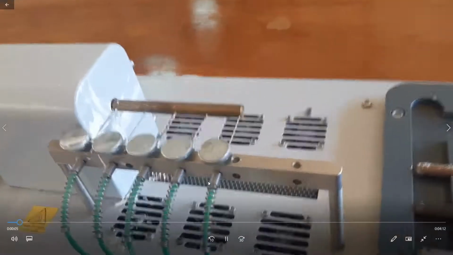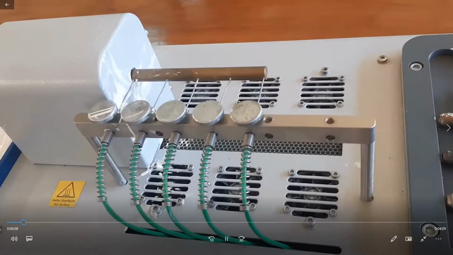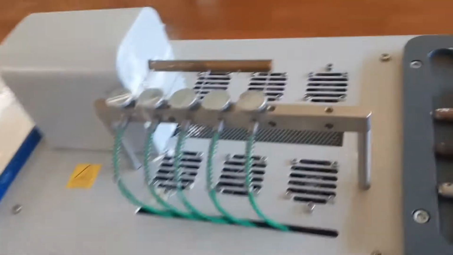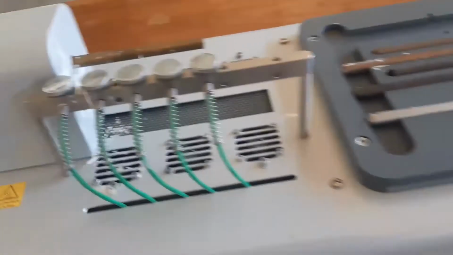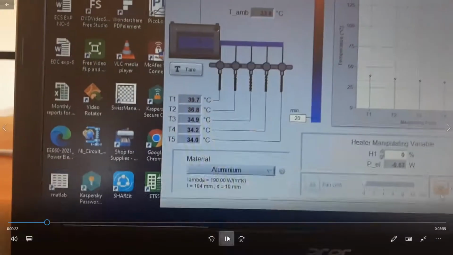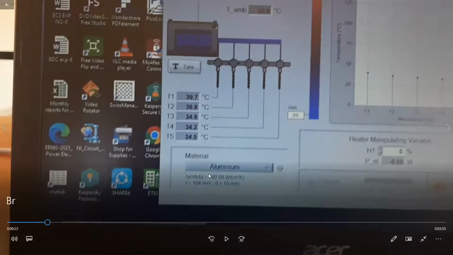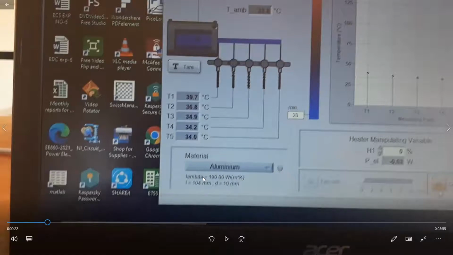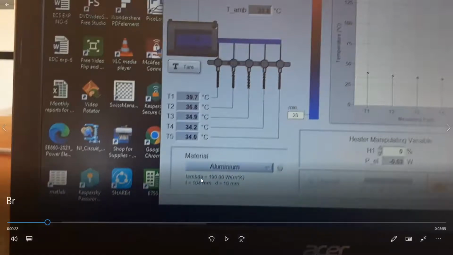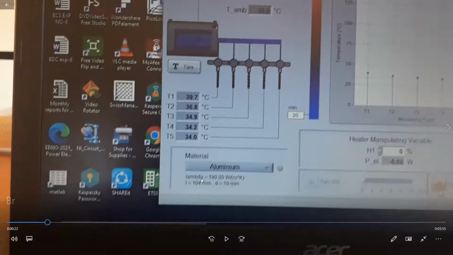Brass, right? So I have fixed brass here, and you can see these 5 different places. The specimen length and the diameter are the same for everyone. And you can see lambda is different from the thermal resistance. This is thermal conductivity, and brass has lower thermal conductivity than aluminum and copper.